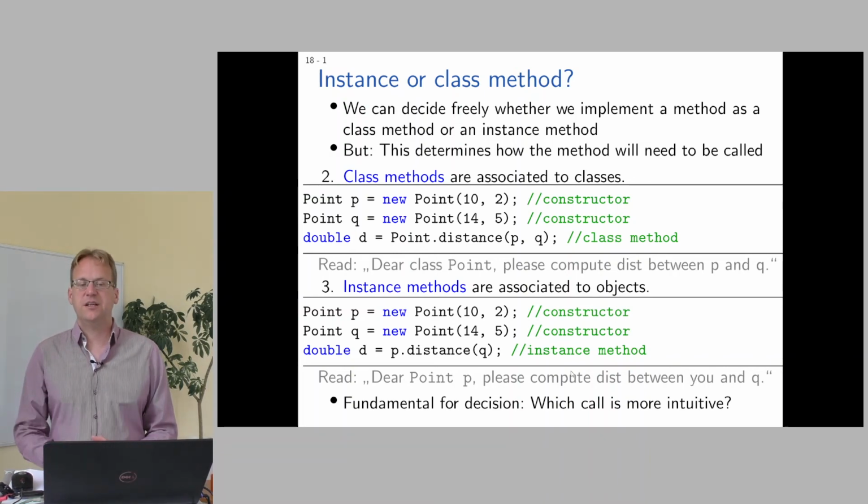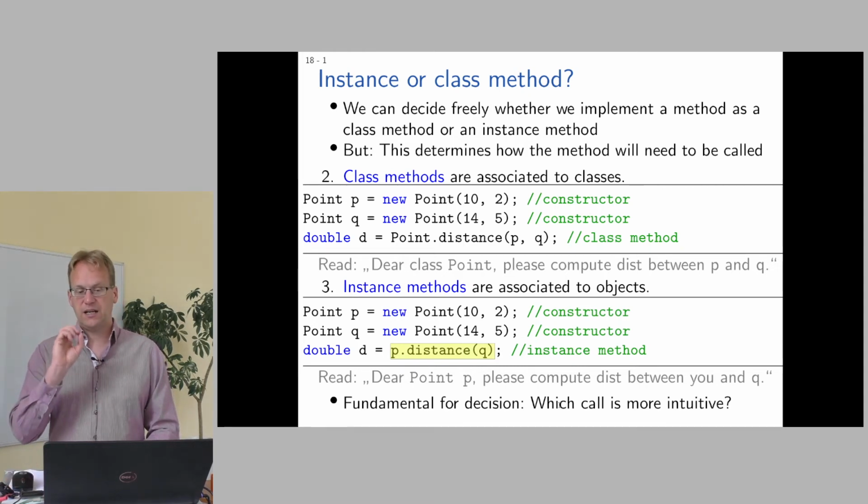This is the slide you have seen earlier, giving the overview of the different types of methods, class methods, instance methods. Now I would like to show that the distance method I could just as well implement as a class method. So this was the approach you've just seen.